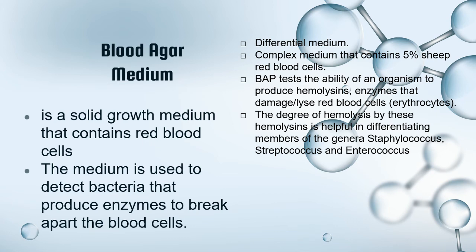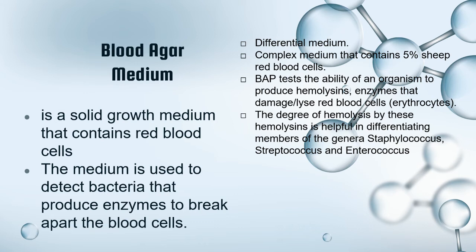So, blood agar medium is a solid growth medium that contains red blood cells. Okay? So the medium is used to detect bacteria that produce the enzymes to break apart the blood cells.